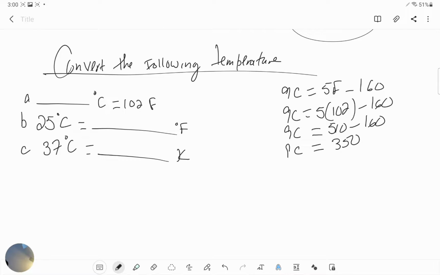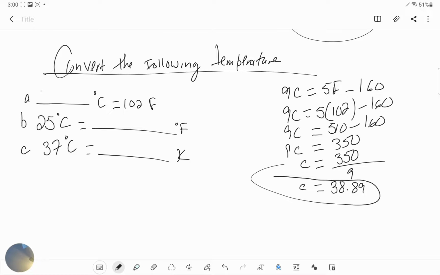Every time you do the movement, the sign changes. So C will be 350 divided by 9, which is 38.89. That's the answer.